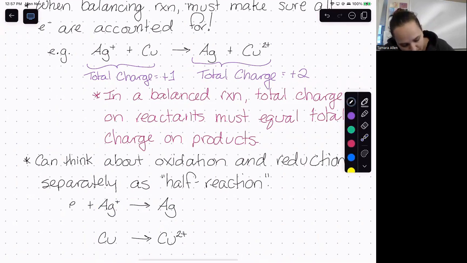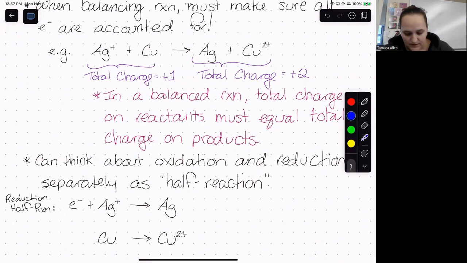So this silver must be gaining an electron, meaning that that silver +1 ion is being reduced. So we would call this our reduction half reaction, because this silver+ is gaining an electron to become silver 0.